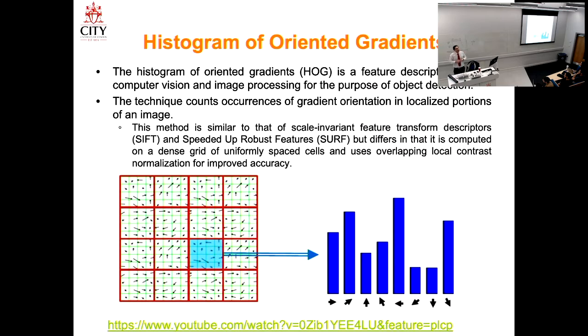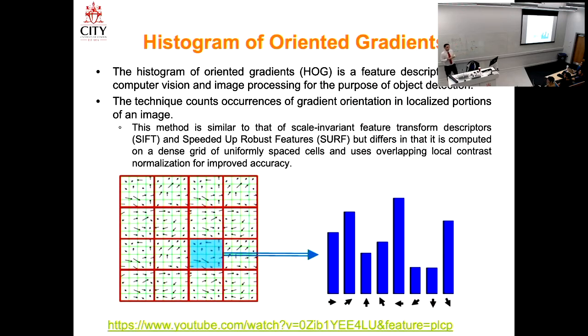So one of the ways that we can use this information is a method called histogram of oriented gradients. So what we do in this one is for every individual pixel, we calculate these orientations and create a histogram of them. So how many orientations can I have? From 0 to 360.